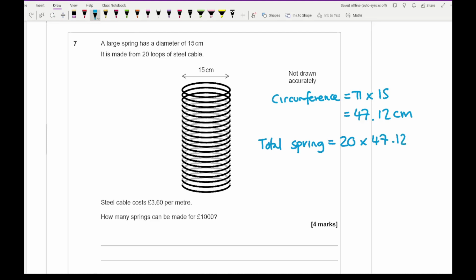So 20 times 47.12 is 942.4 centimeters. So then what we need to do is work out the cost of one spring.